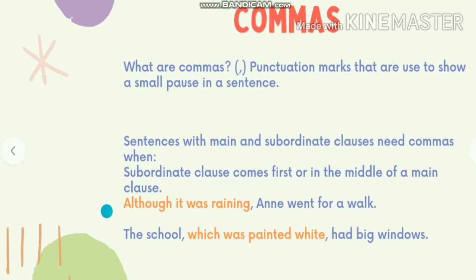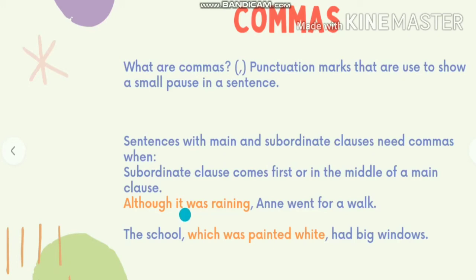Look at the first sentence here. Although it was raining, I went for a walk. I separate the two clauses with different colors. Look at the first clause, with orange color, "although it was raining". Is it a main or subordinate clause?